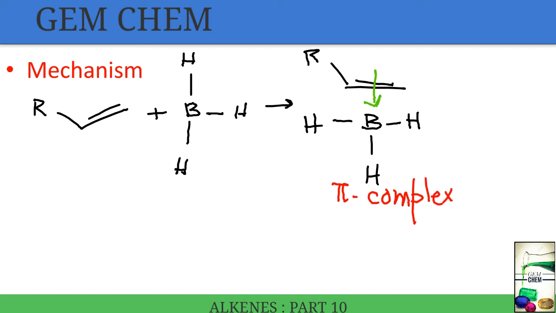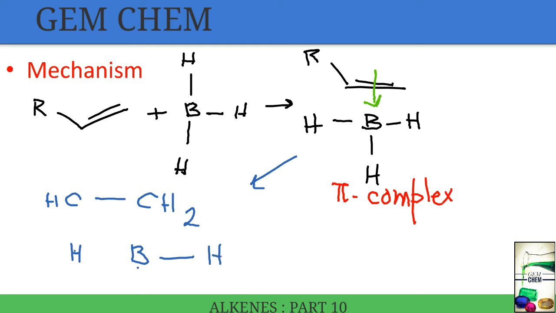Now there are 2 positions for boron to get attached, here or here. If we draw the first possibility, then our transition state will look like this: CH2, and here there will be boron and here there will be a hydrogen.